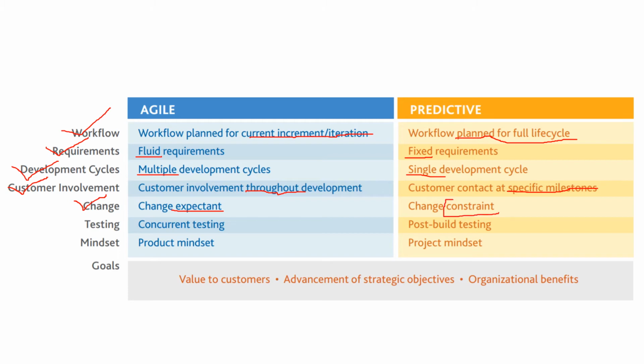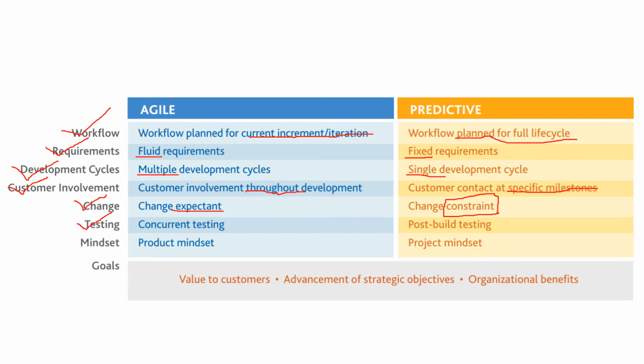And that's the very reason why the entire requirements are frozen in the beginning. The requirements are fixed because we see change as a constraint, and we don't want too many changes when we are following the predictive model. So that's the difference between agile and predictive when it comes to change.